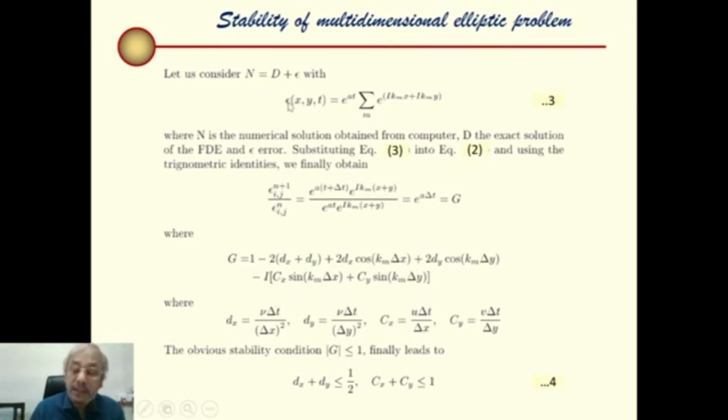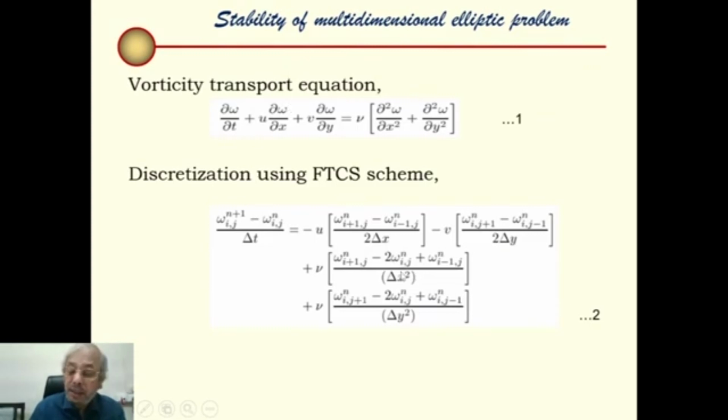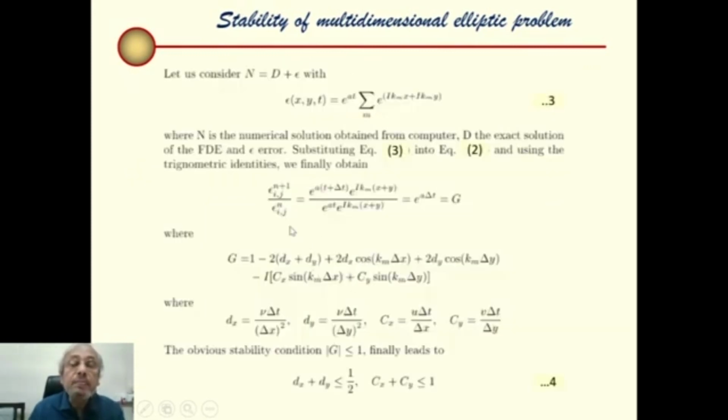So epsilon is substituted in the governing equation, and through some algebraic steps we get epsilon ij n plus 1 divided by epsilon ij at the nth level. That means this amplification is e to the power a t plus delta t, e to the power i km x plus y, divided by e to the power at, e to the power i km x plus y, which is basically e to the power a delta t, the amplification factor.